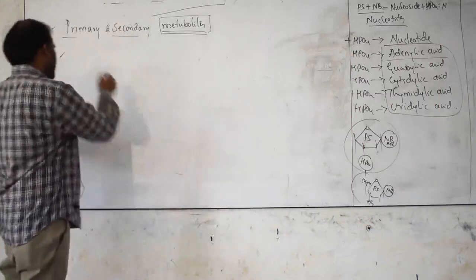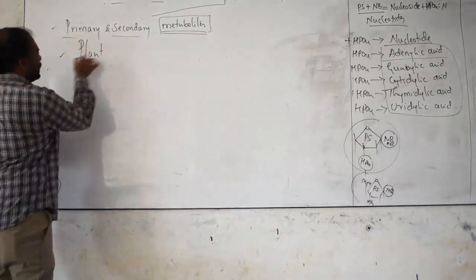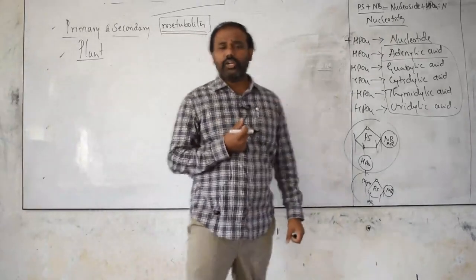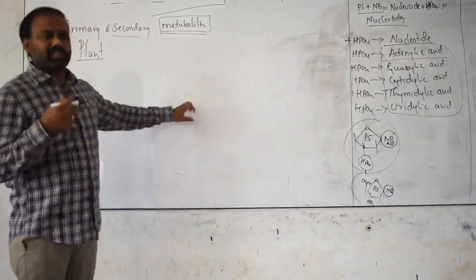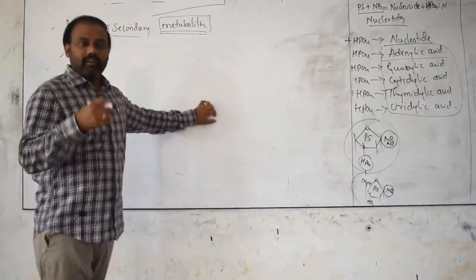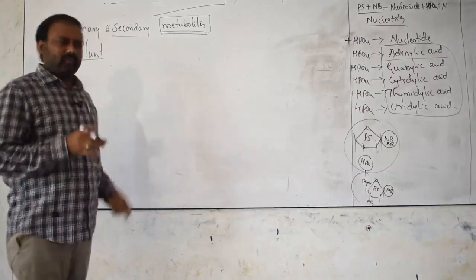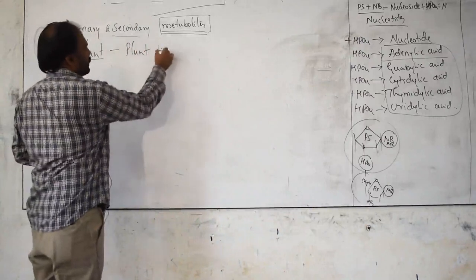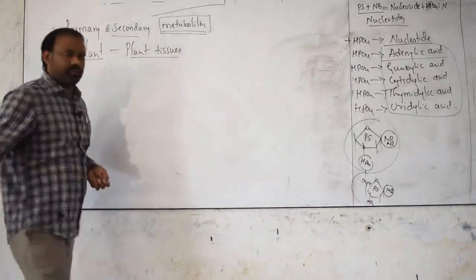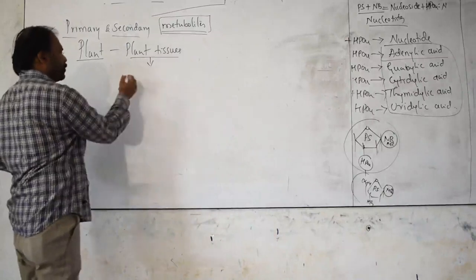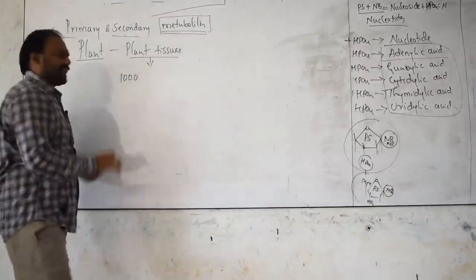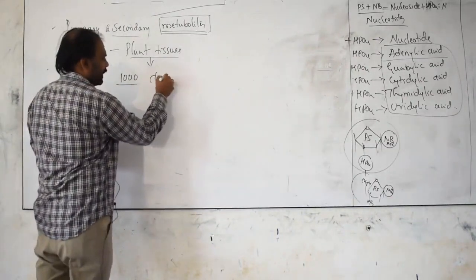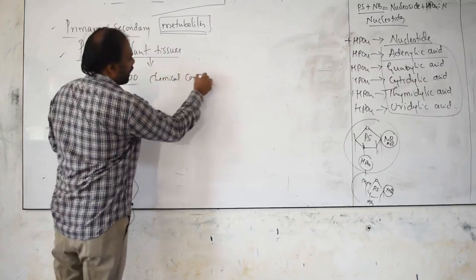When you take a plant, in the plant you will have different tissues such as leaf, stem, root, flower, bud, whatever you take, that contain tissues. Yes or no? So simply called plant tissues. When you take plant tissues, you will have several thousands of different types of chemical compounds.